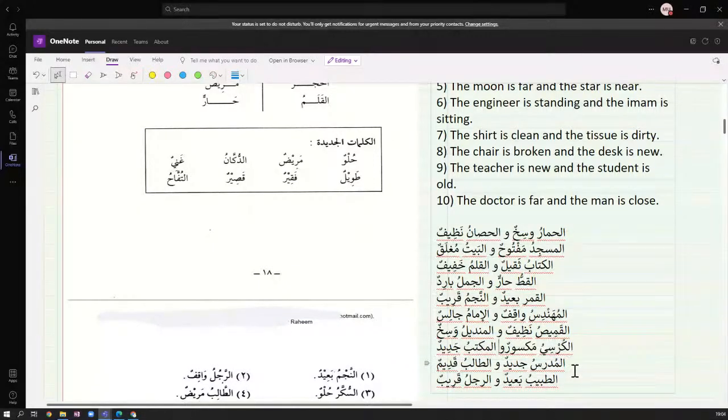And the last one, the doctor is far and the man is close. الطبيب بعيد والرجل قريب.